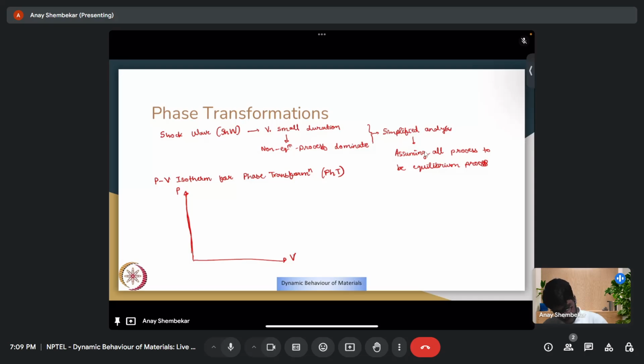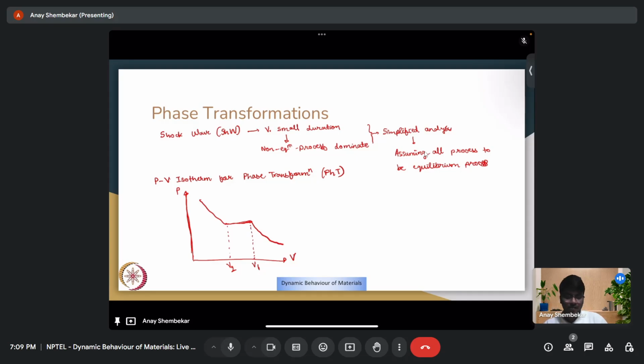And there will be some volumes V1 and V2 corresponding to the onset of each phase. So you would have an isotherm going like this. So this is how a PV isotherm for a phase transformation process would look.